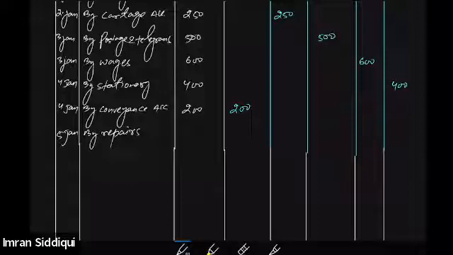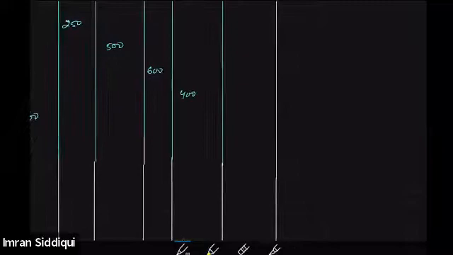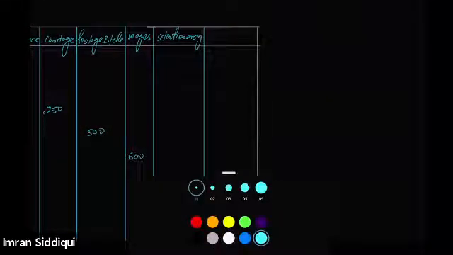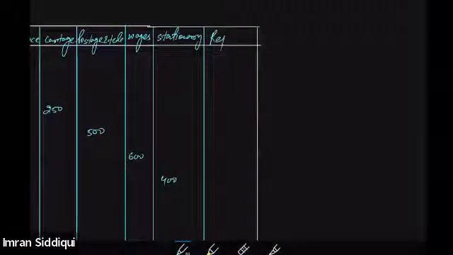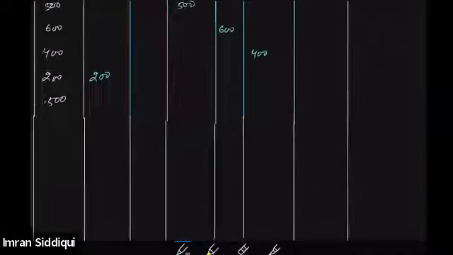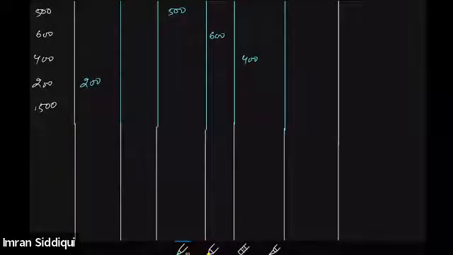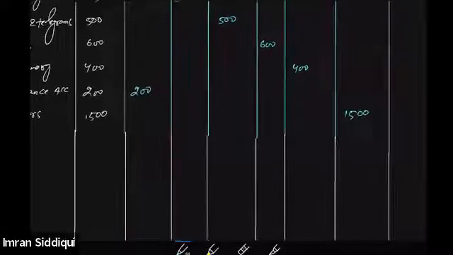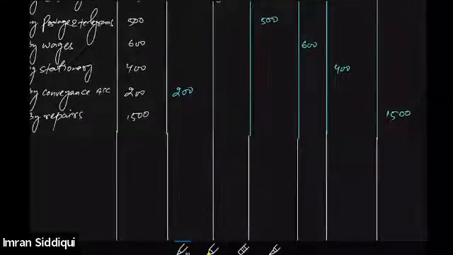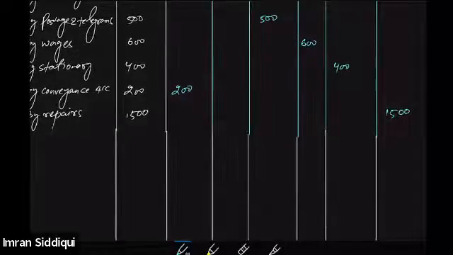So 1500 will be recorded here, and we will have to open a separate column for that by the name of repairs. 1,500 here in this column. Understood? Is it clear, everybody? Is it clear, yes or no? Yes, sir.